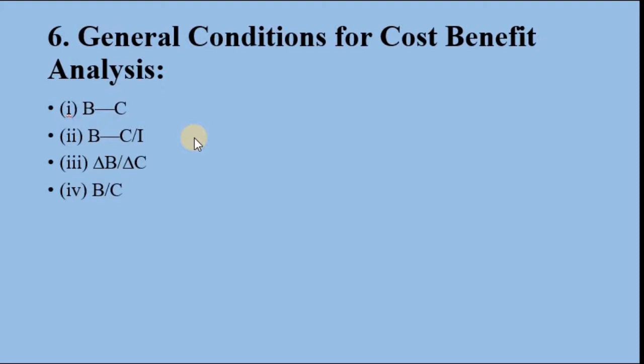So evaluation requires discounting of the future benefits and costs, because the society prefers the present to the future, and that's why economists have given different types of decision criteria for making a cost benefit analysis. We'll see a few of them in detail.